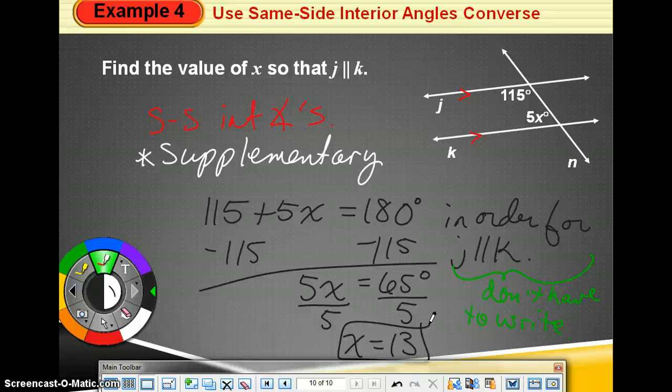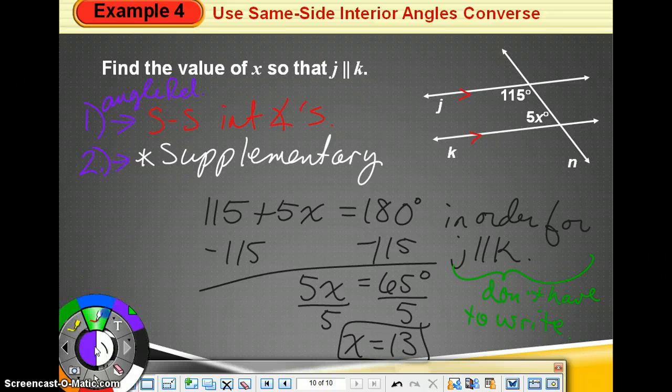So all of the other converse formulas, you would do the same thing. If it said, find the value of x so that j is parallel to k, first you want to figure out your angle relationship. And then decide if they're supplementary or if they're congruent to each other, and then set up your equation accordingly.